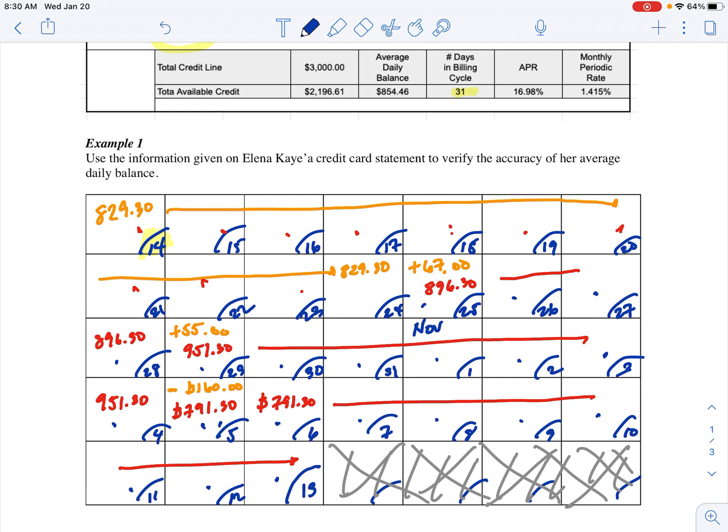Plus 896.30 times 4, plus 951.30 times 7, plus 791.30 times 9.